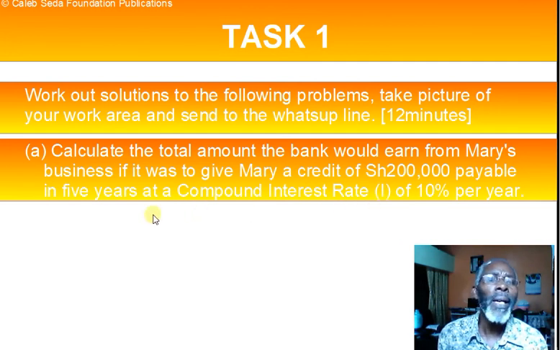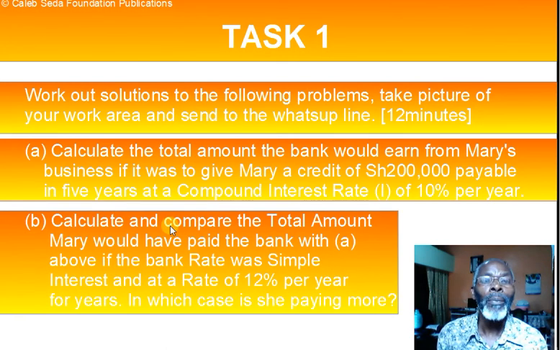Which means you go through simple interest the first year, get interest, add on to the principal amount, work out the second year, add interest, third year, add interest, fourth year, add interest, until you end the fifth year. Quite some process there.